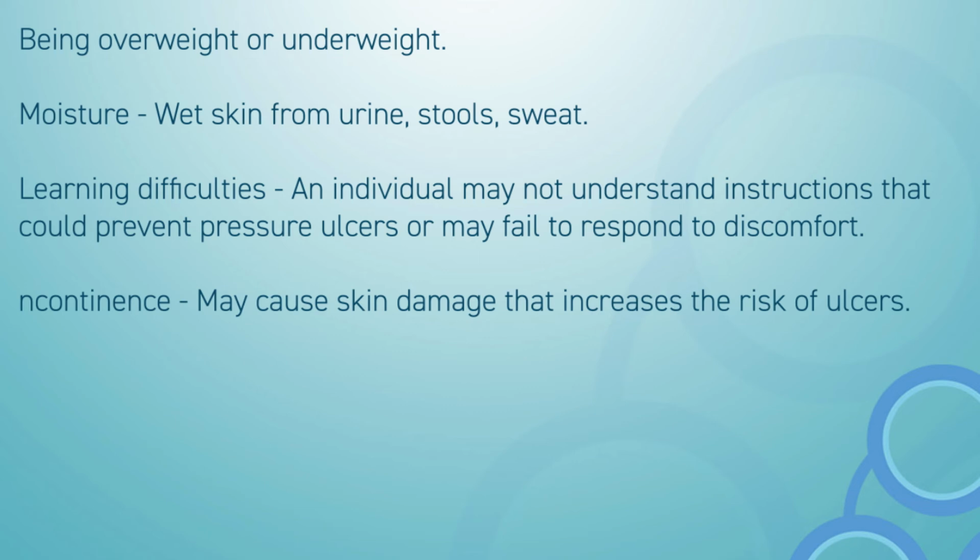Moisture, so wet skin from urine, stools, or sweat. Learning difficulties. An individual may not understand instructions that could prevent pressure ulcers or may fail to respond to discomfort. Incontinence. This may cause skin damage that increases the risk of ulcers.